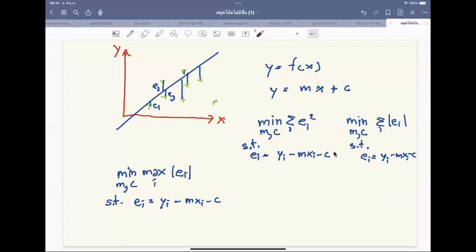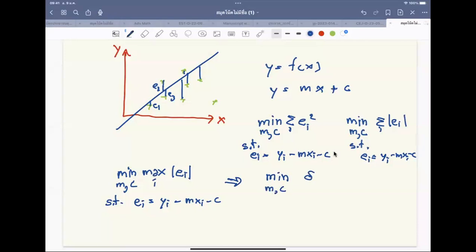One way to solve such a problem, we reformulate the problem again from a minimax optimization problem to a single objective optimization problem. We formulate this way. We minimize M and C and delta.